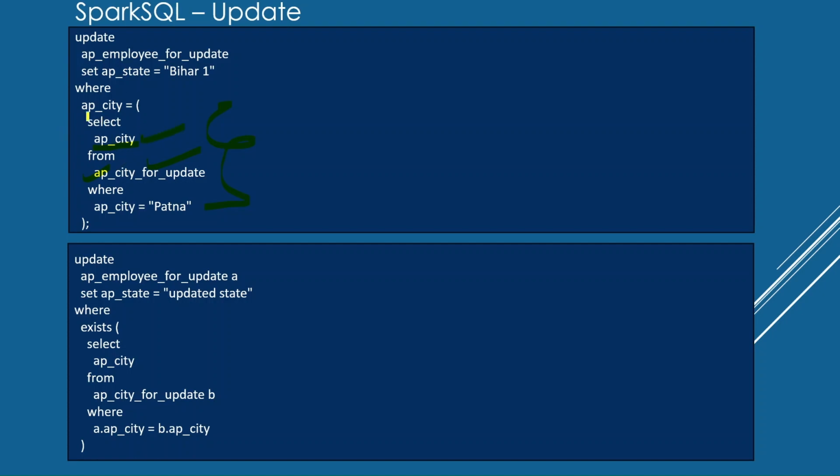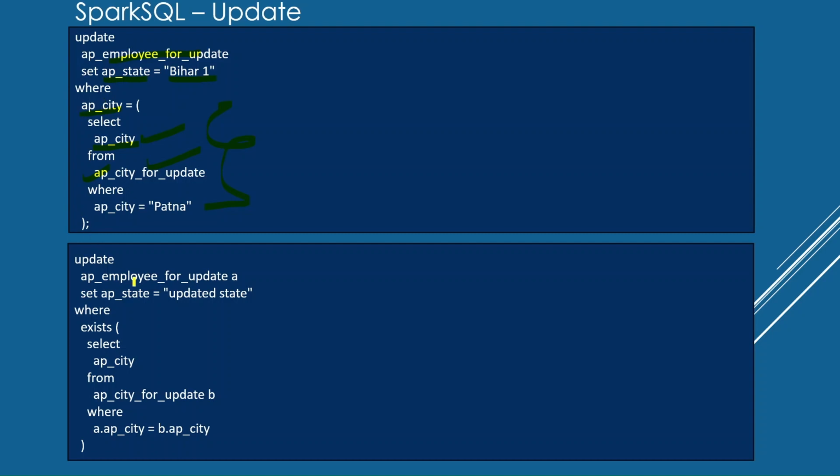This is the where condition. It will match this APCT to this city if it is present in this table. So it will set this AP state to Bihar 1. This is one update statement which I am showing you, how we can do with the help of a subquery.